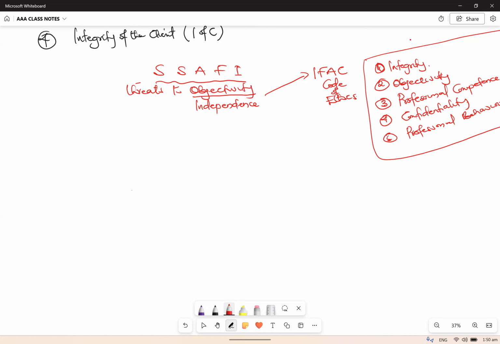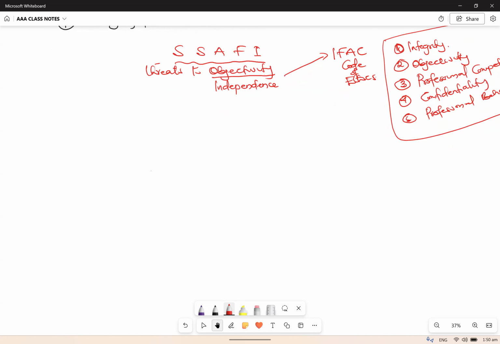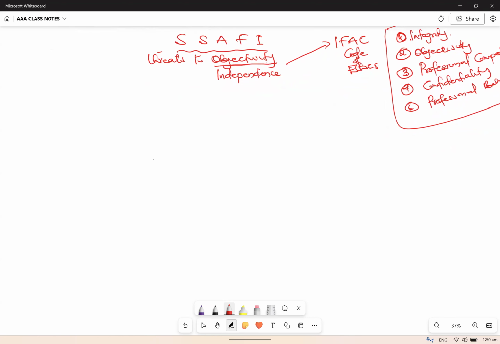Now, recently, I heard that the president of Ghana, His Excellency John Dramani Mahama, has appointed a new auditor. Does that mean the auditor is under the control of the president? No way.